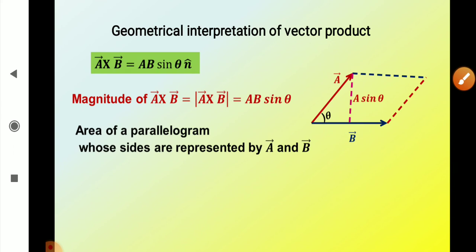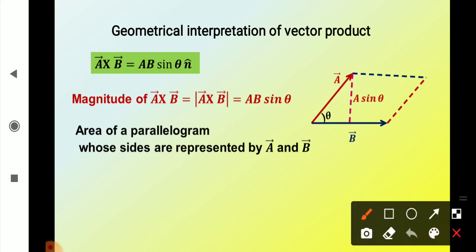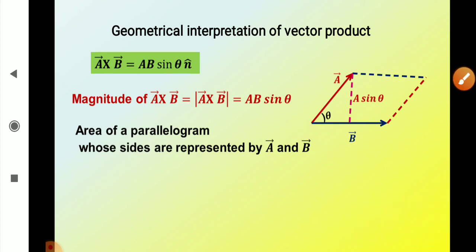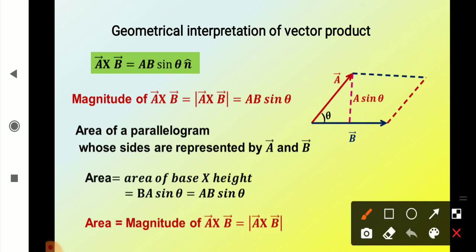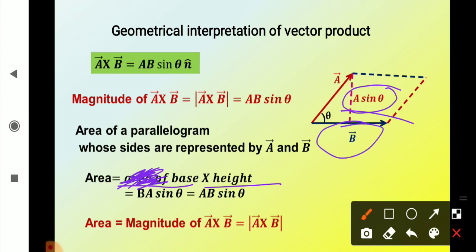And now area of this parallelogram, you know area of parallelogram is base into height. Here base is B and height is A sin theta. You can see B A sin theta, and I can also write it as AB sin theta.